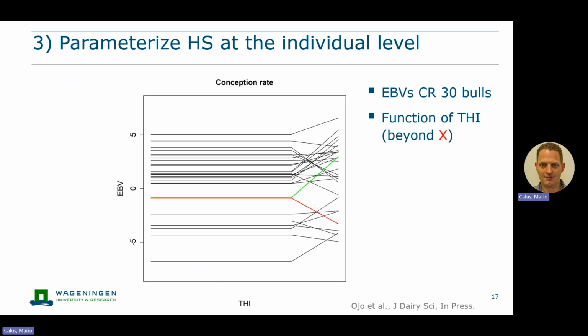But if you look at the breeding value at the highest THI level versus the ones below the threshold, there's going to be a fairly strong positive correlation. So if we ignore all the complexity, and basically these are the breeding values we would get in the models that we use today, we would still be doing something that's also relevant at higher THI levels.